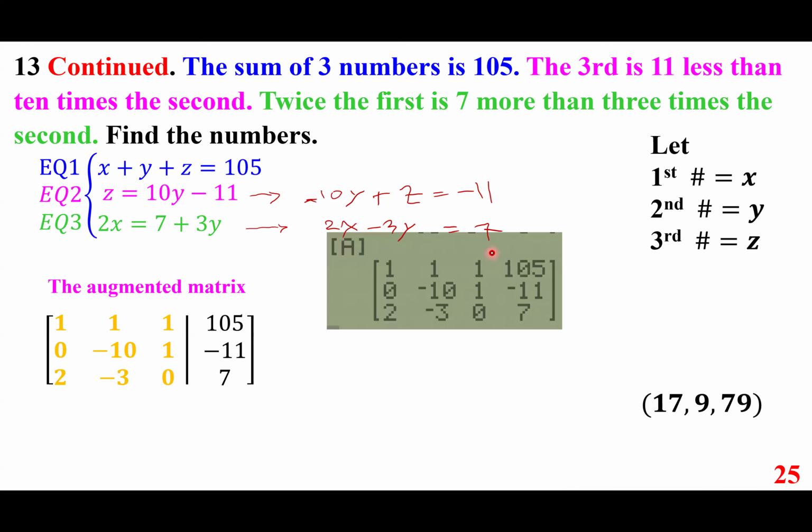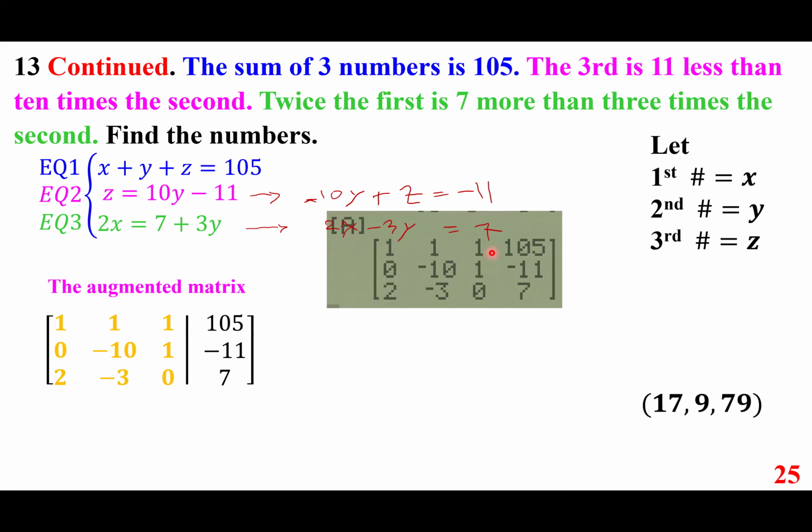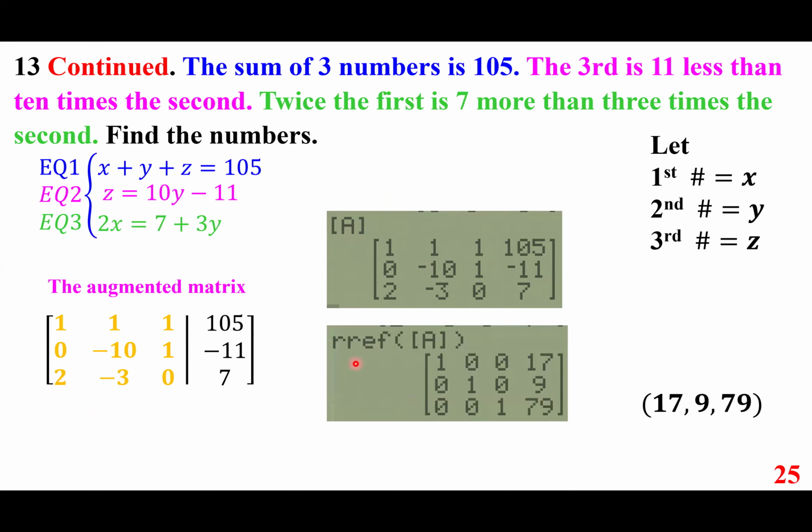You put that into a calculator. And then if you do RREF, reduced row echelon form, on matrix A, this last column is exactly what you've already got as your answer. So this is the final answer.